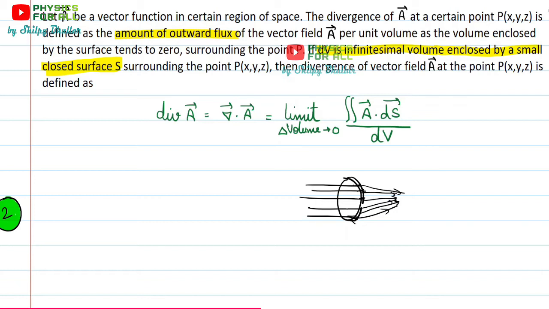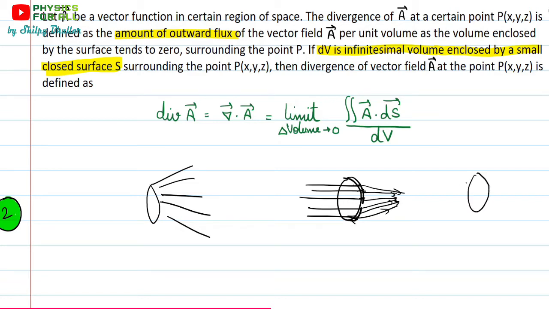Divergence includes divergence, which actually means to diverge, and it includes convergence also. It just deals with how the vector field lines are behaving. Either they are diverging after passing through a certain surface, or converging after passing through it, or passing normally, the way they were entering, in the same manner coming out. This is what divergence deals with.